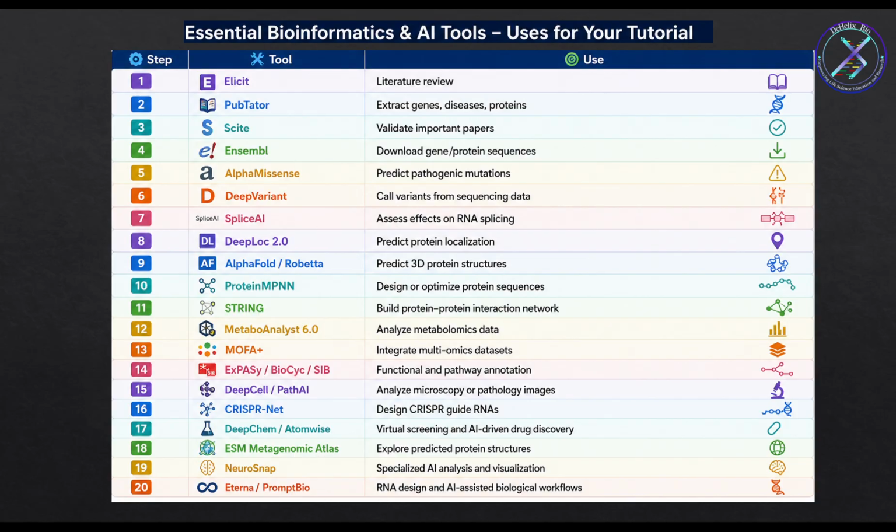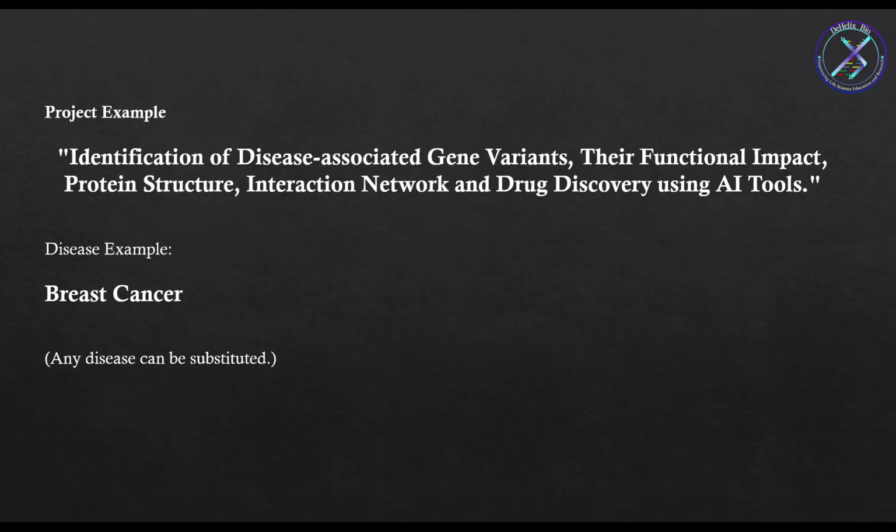We have DeepChem or Atomwise for virtual screening and AI-driven drug discovery. ESM Metagenomic Atlas for exploring the predicted protein structures. NeuroSnap for specialized AI analysis and visualization. And we have Eterna or Prompt Bio, which are used in RNA design and AI-assisted biological workflows.